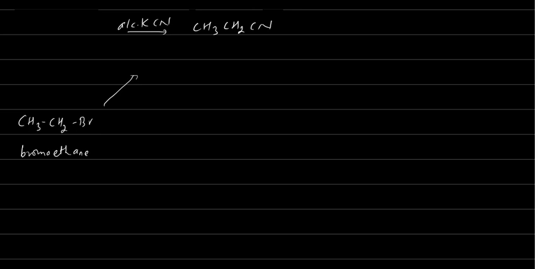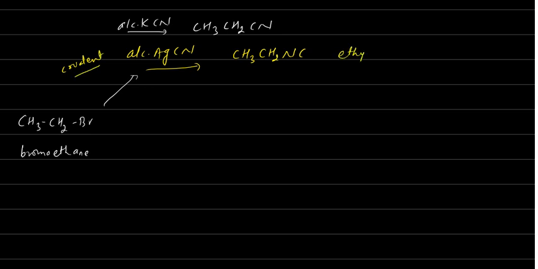But if we use alcoholic AgCN, the product formed is isocyanide, CH3CH2NC. In AgCN, there is a covalent bond, so NC is formed here. That is isocyanide. The name of this compound is ethyl isocyanide. Ethyl isocyanide.